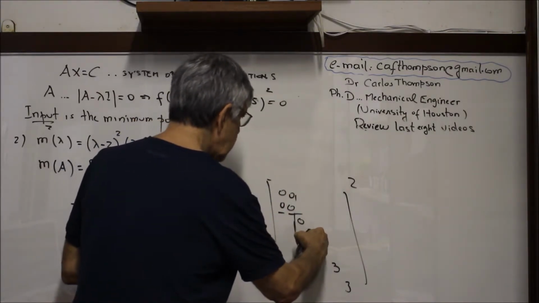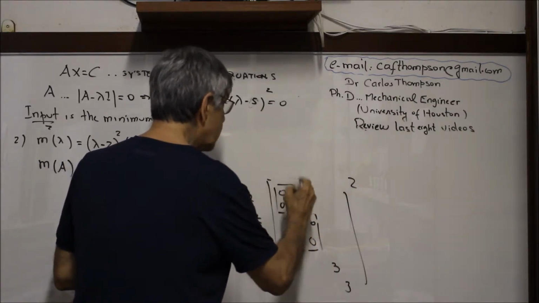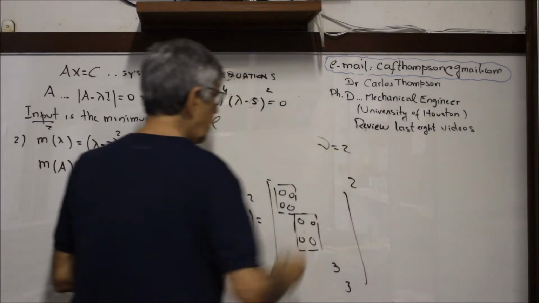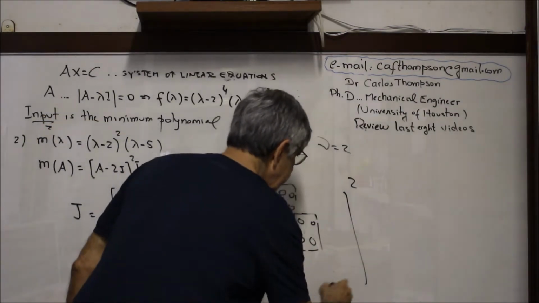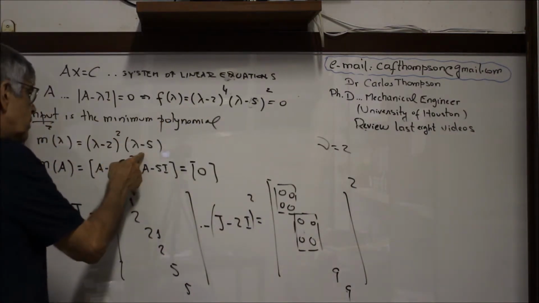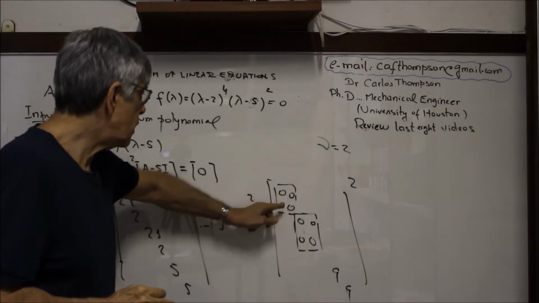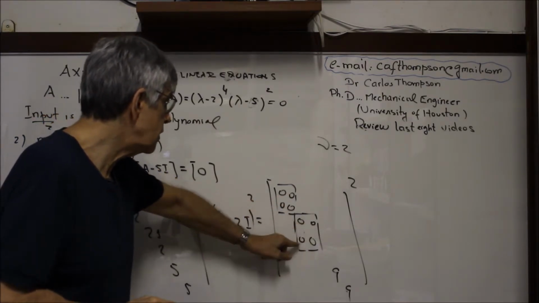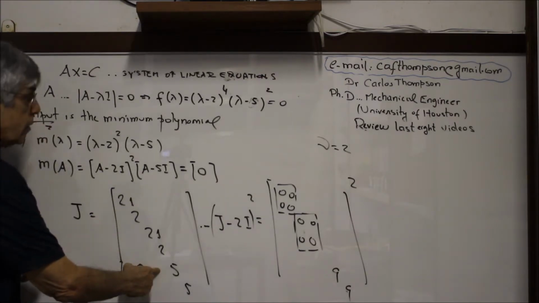This was 1 here, I have 0 here and 0 here, it's another block. Then I can write easily that ni is equal to 2, because I have 2 blocks. And this square gave 9 and 9. You see, (A minus 2I) squared, I have 2 possibilities. From here, we can obtain rho.